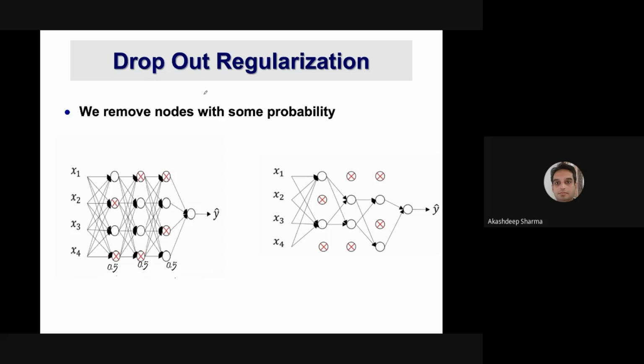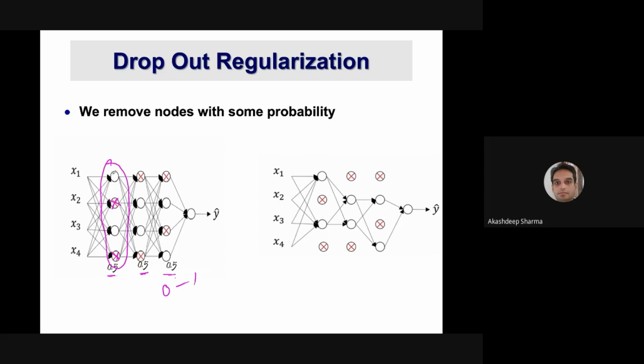What does that mean? While you are training, you set a probability. Say you keep a probability of 0.5, so it's between 0 and 1. You set some number, right? It means you are saying that with a probability, from any layer, that percentage of neurons should be left out while you are training.